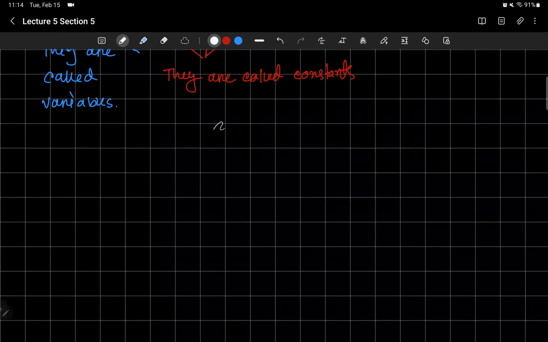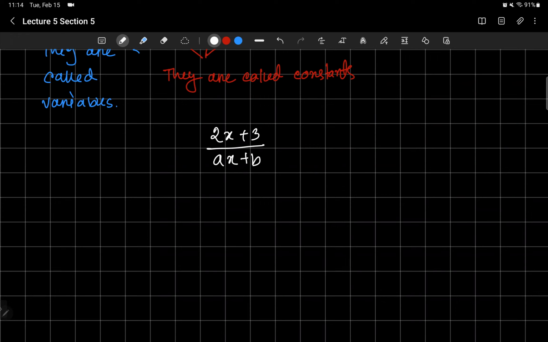Another example can be something like this. In here, unless otherwise mentioned, usually these A, B, C's are constants. But if I say A and B belong to the real numbers, that also means they're constants.